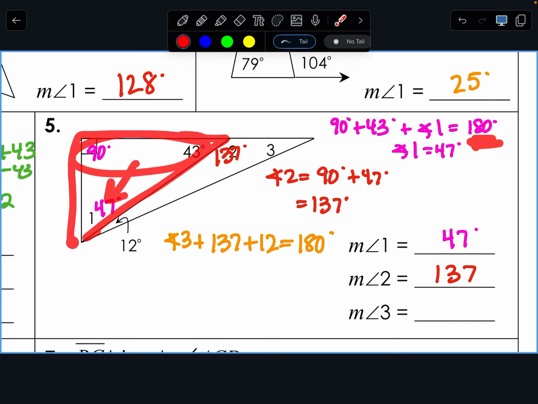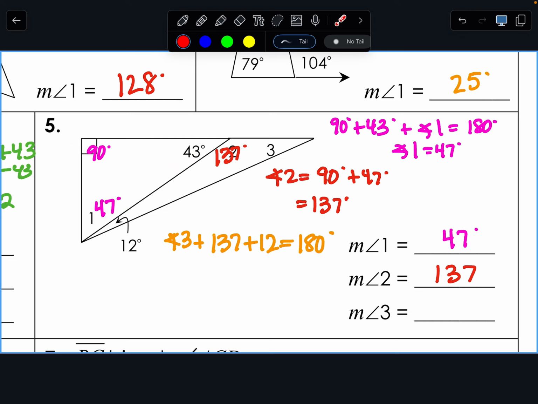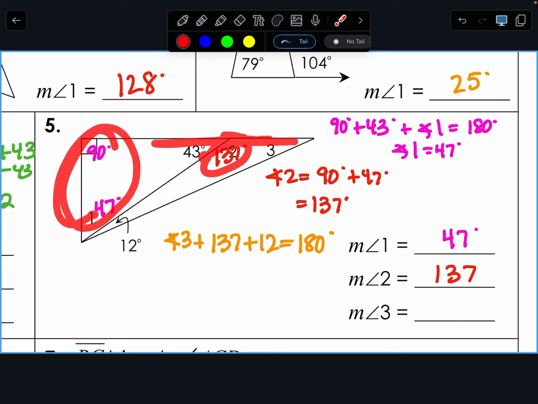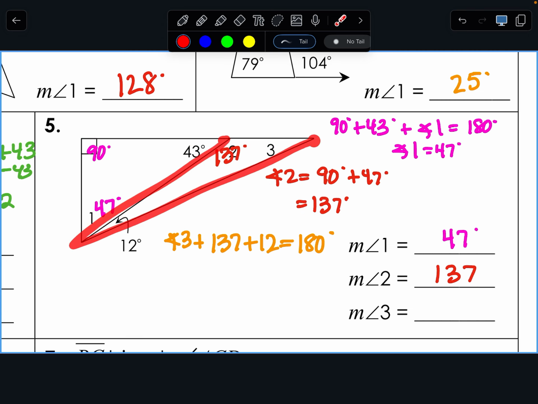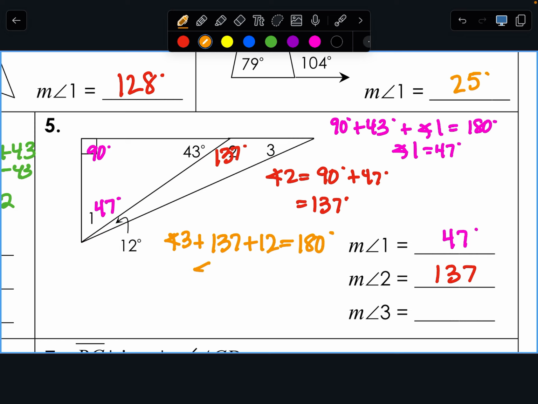This is inside the same triangle, right? And the second time we said this angle equals those 2 angles. This is an exterior angle. This angle outside the triangle equals the 2 that are furthest from it. And so now I have this triangle, and I have this angle, and they have to equal 180. So then I can get that angle 3 equals 31 degrees. Is that right? Yeah, it is.